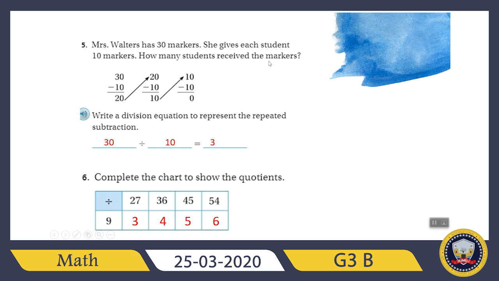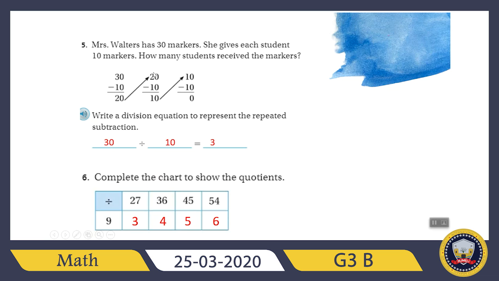One of the ways you can get the answer is by subtraction. You just subtract 10 from 30, which is 20. And again, you subtract 10 from 20. The answer is 10. Again, you subtract 10 from 10 until you reach 0. Alright, finished. 10 minus 10 is 0.